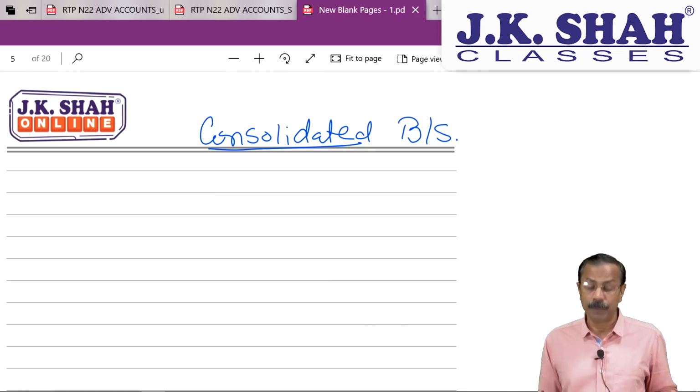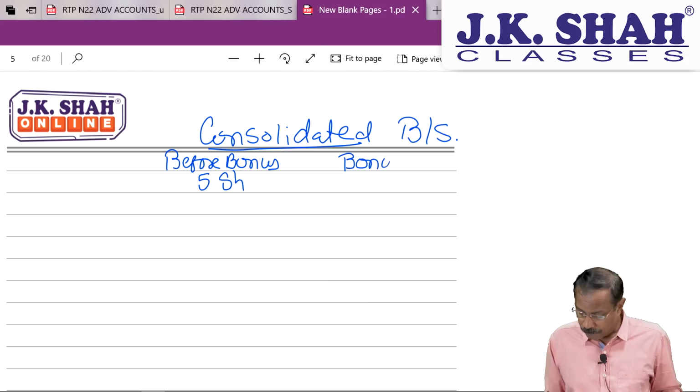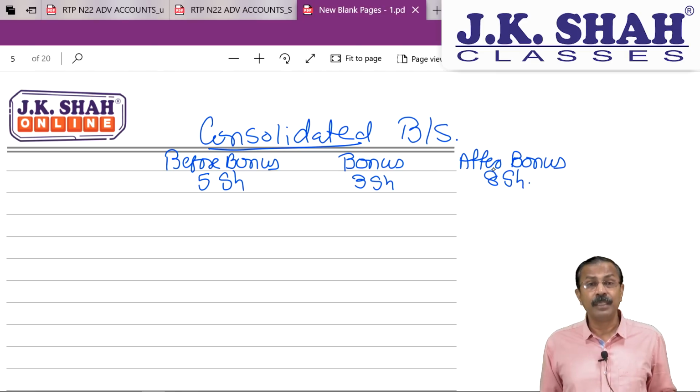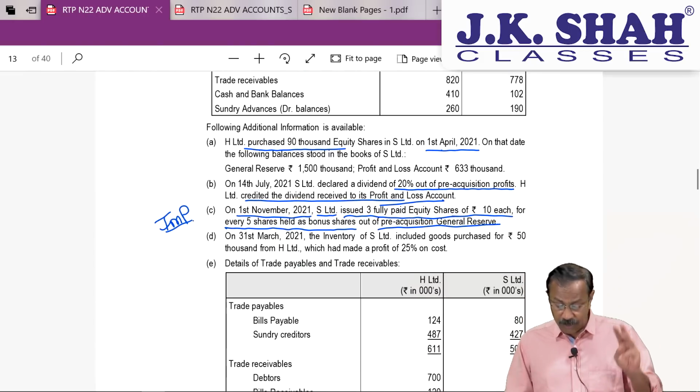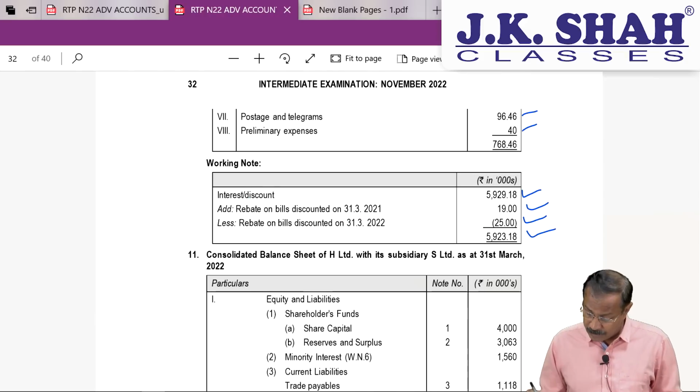So very simple. Before bonus, if you're having 5 shares, bonus is 3 shares. So after bonus, you will have in all 8 shares. Bonus ratio is given, remember, 3 fully paid shares for every 5 shares held.